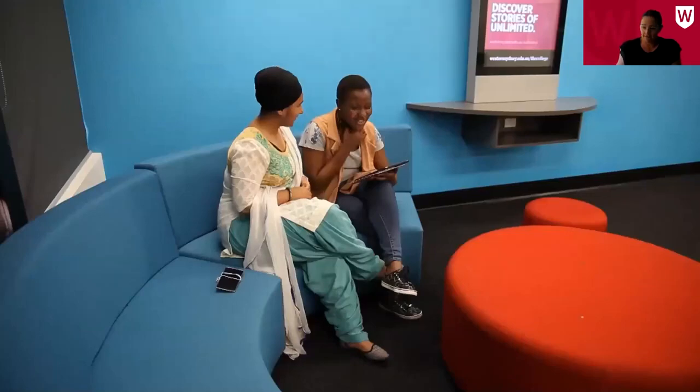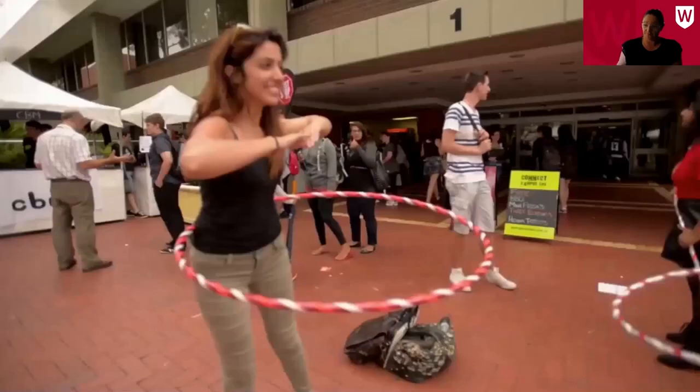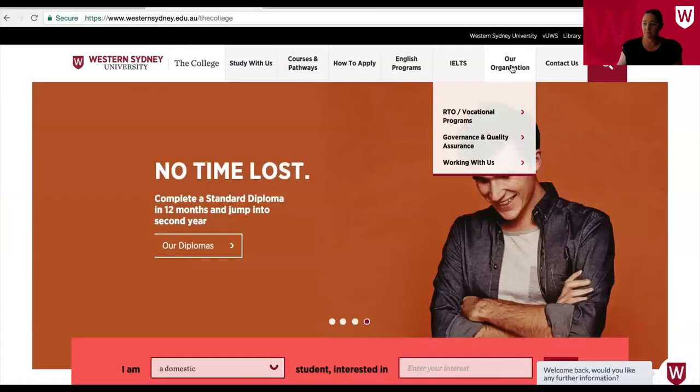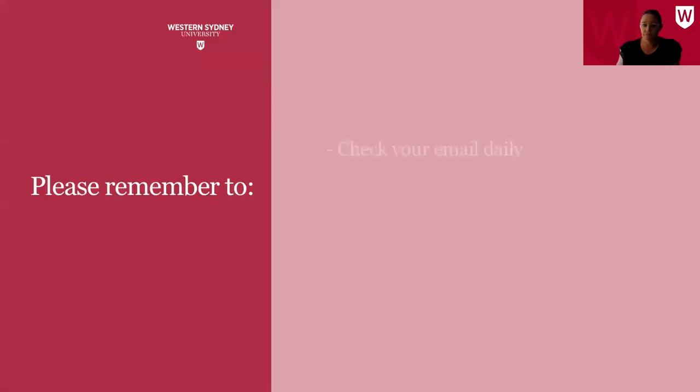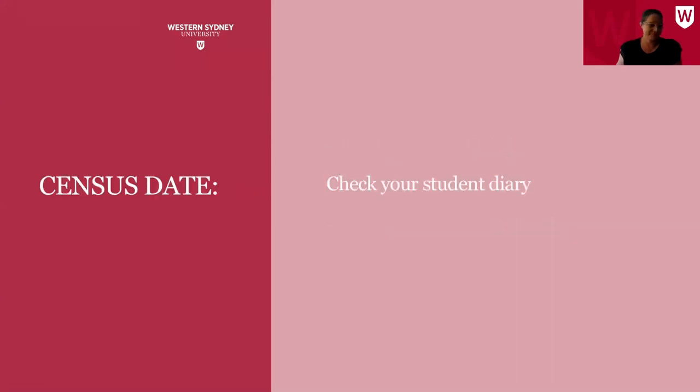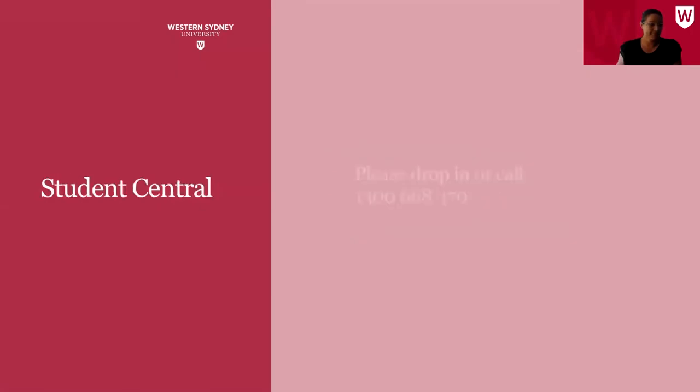In conclusion, make the most of this opportunity and enjoy and take advantage of the many opportunities and events. Make yourself familiar with the college policies through the website or your student diary. Check your email daily. Update your contact details. Make sure you know when census date is. And if in doubt, ask.